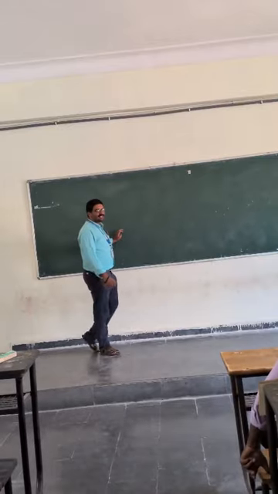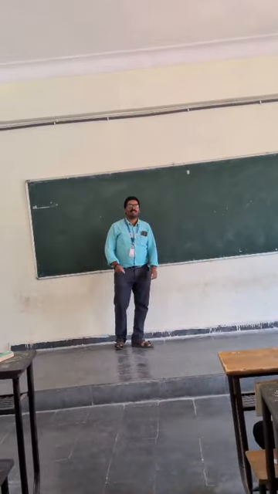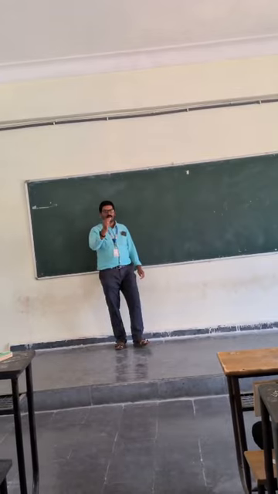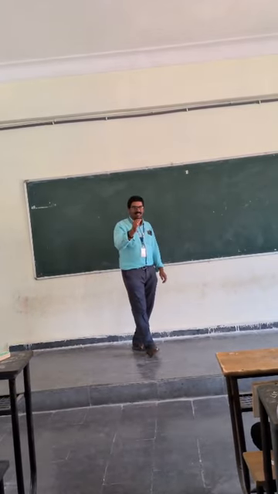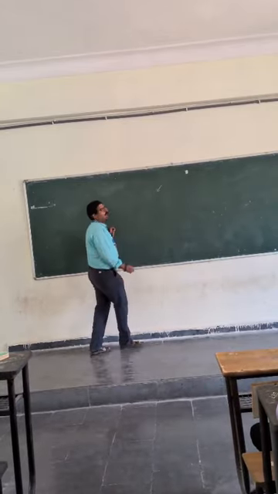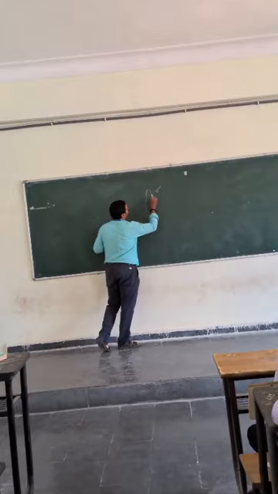So, the image depends on the human eye, which sees an object in the form of light. The light passes through our objective.